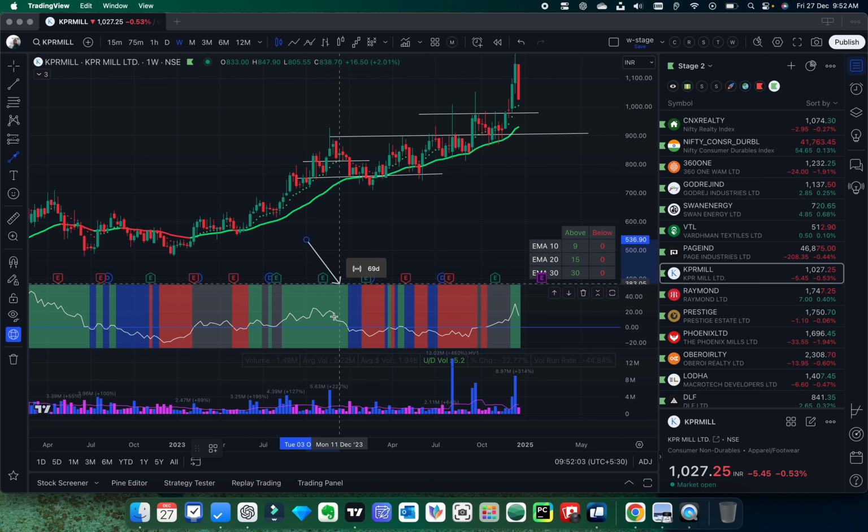Relative strength is also becoming poor and it started underperforming. Volume is also big and red here. So ideally we should have exited around here.